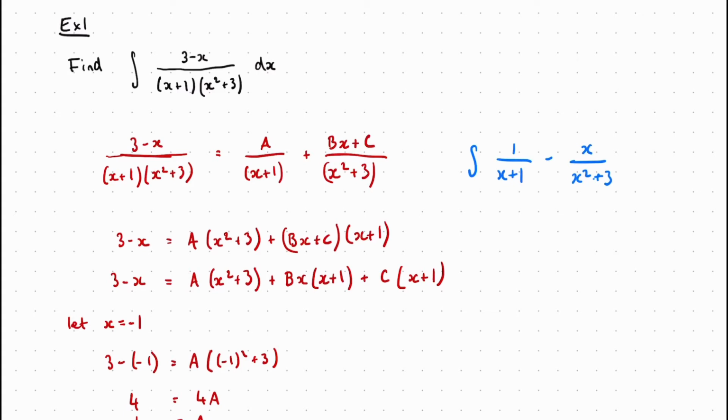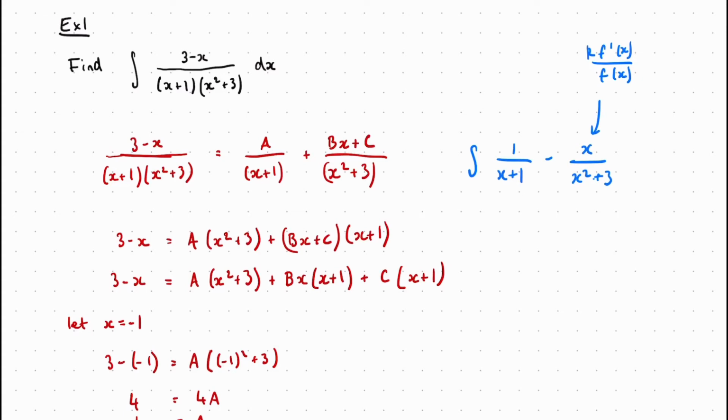1 over x plus 1 is easy to integrate. That's just log mod x plus 1. However, x over x squared plus 3, that needs to be sorted out first. If you treat the x over x squared plus 3 as the differential of the function over the function, times k, then you're going to be able to integrate this.